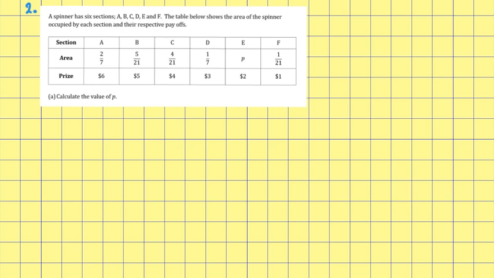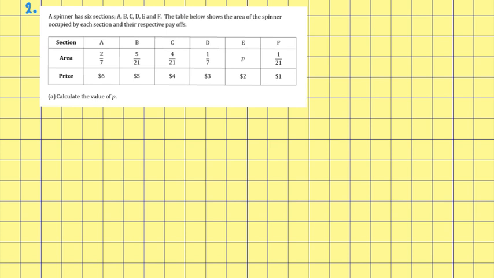C has an area of 4/21 and a prize of $4. D has an area of 1/7 and a prize of $3. E has an area P and a prize of $2, and F has an area of 1/21 and a prize of $1.